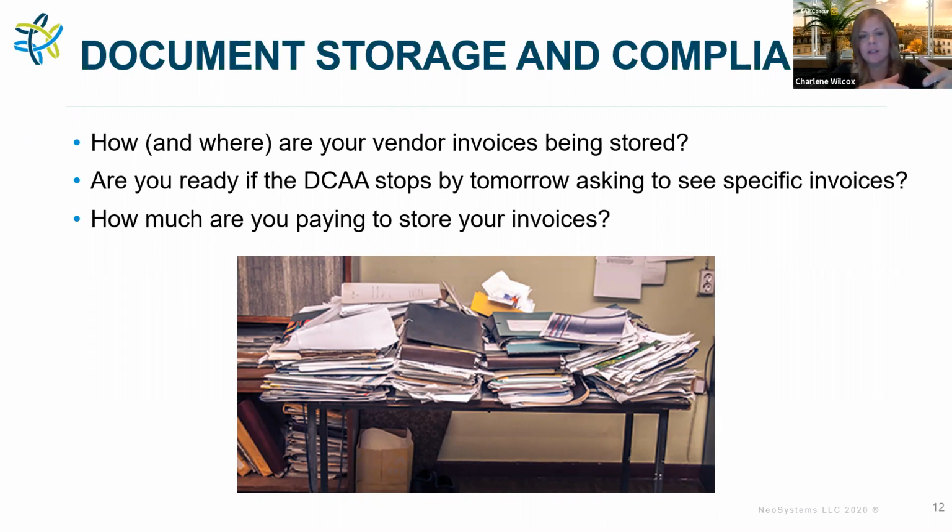Especially right now, when those desks are not located in the office, even in somebody's home office, which might be doubling as a classroom or daycare center. Keeping efficient track of that volume of paper can really be daunting. And relying on paper invoices means that when it is time for the audit, somebody needs to be on site. The auditor needs a physical copy. So somebody's going to end up spending time digging through filing cabinets, making copies, lugging around files, to make sure the auditors have what they need.